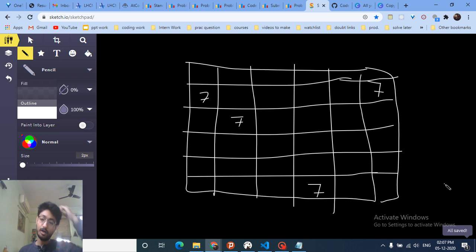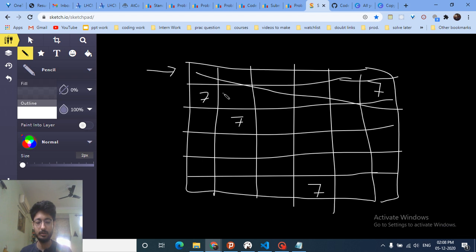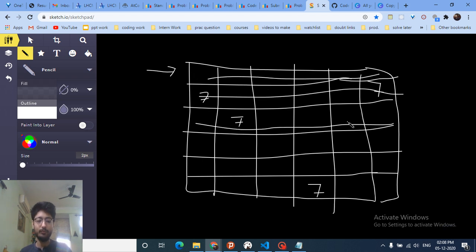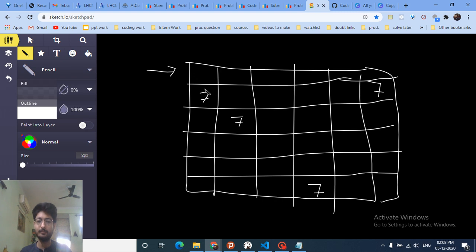Now what you can do is iterate over this whole matrix in the standard fashion, like this, and whenever you find a 7, you know the coordinates of this point, which is 1, 0.